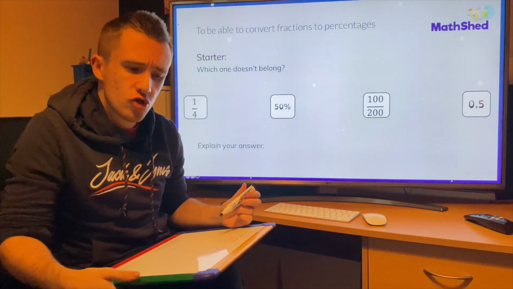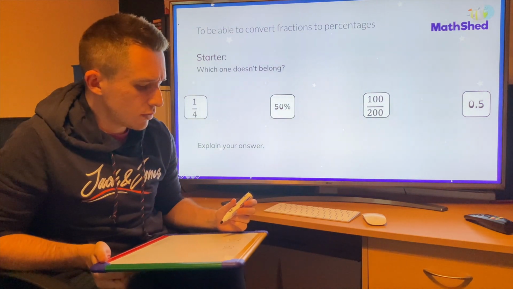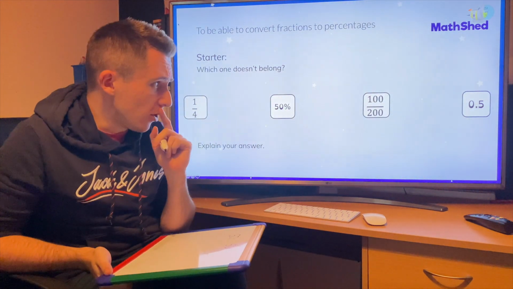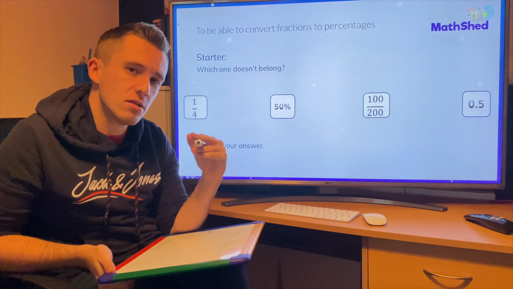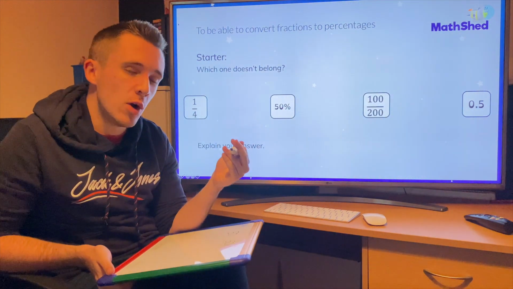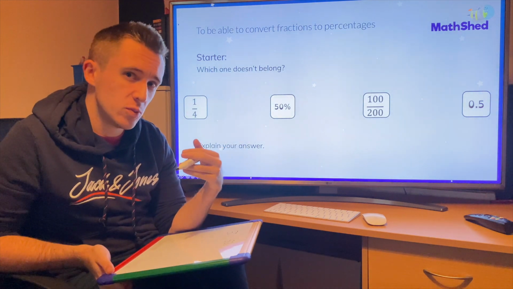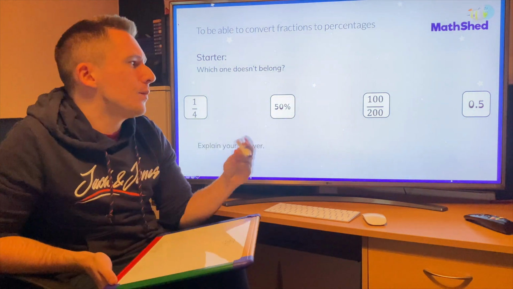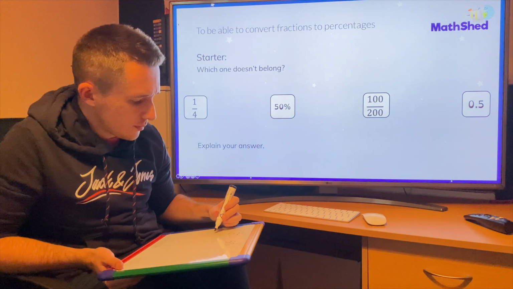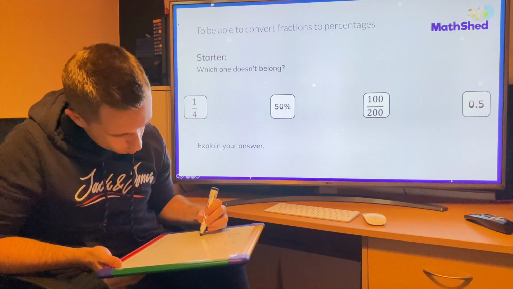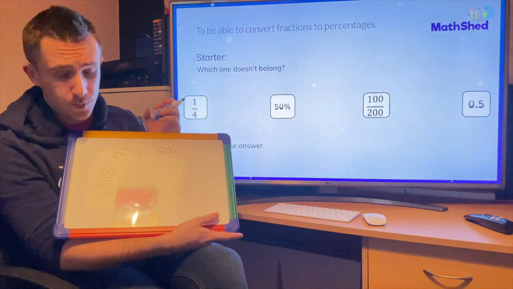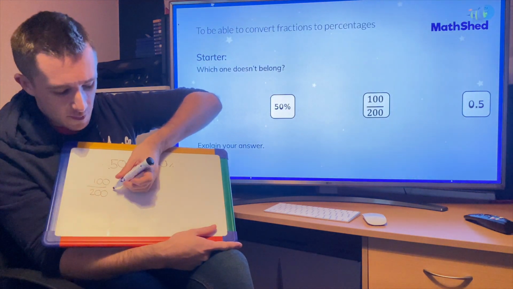This one here, 100 over 200. Do you remember in a previous lesson where I said we need to make the fraction over 100 or 10 so that we can easily work out the percentage or decimal? Well, let's do that here. So 100 over 200, let's turn that into something over 100.